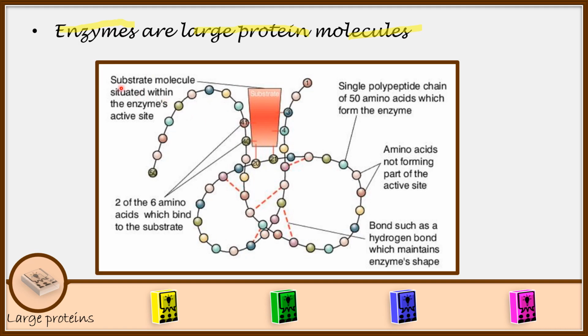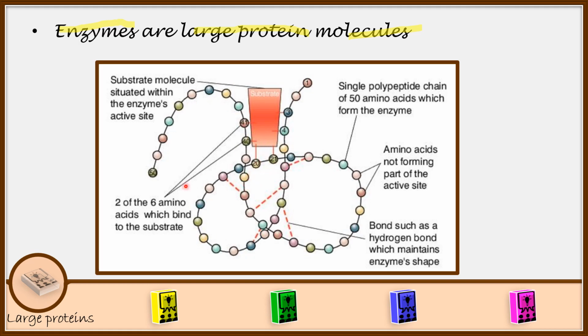For example, if you look here, this is our substrate, a substrate molecule situated within the enzyme's active site. So the whole of this enzyme has a point where the substrate fits. That point where the substrate fits is what we call the active site.